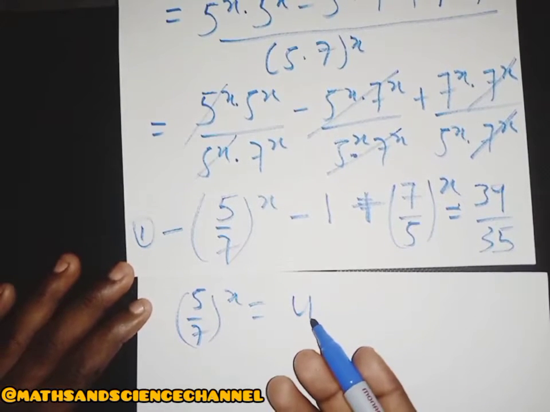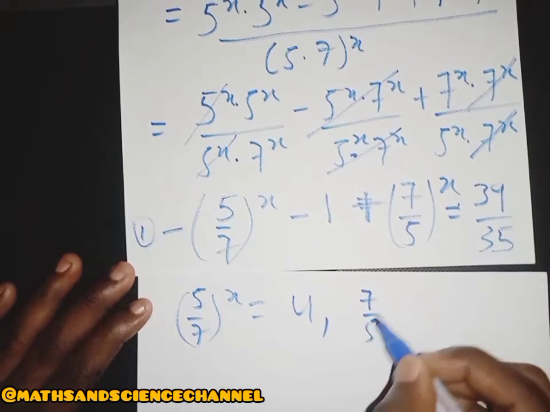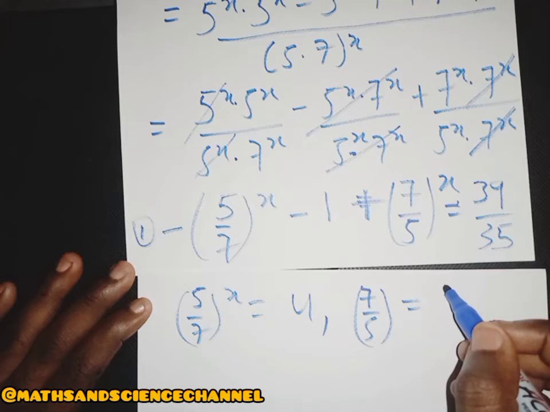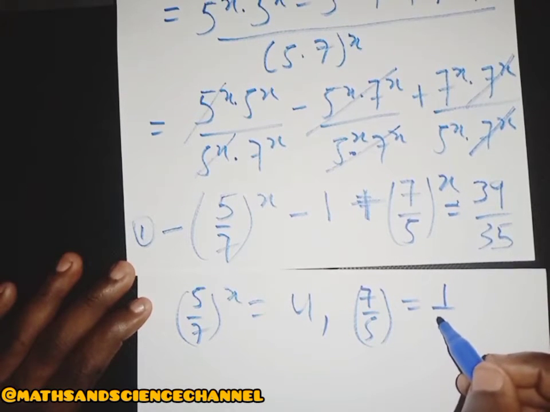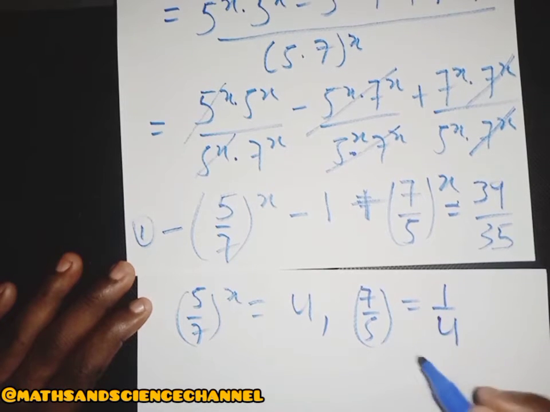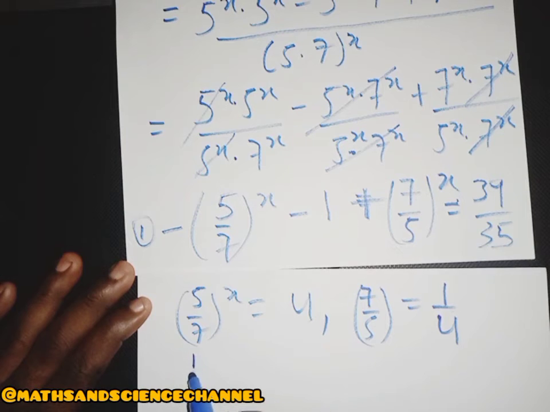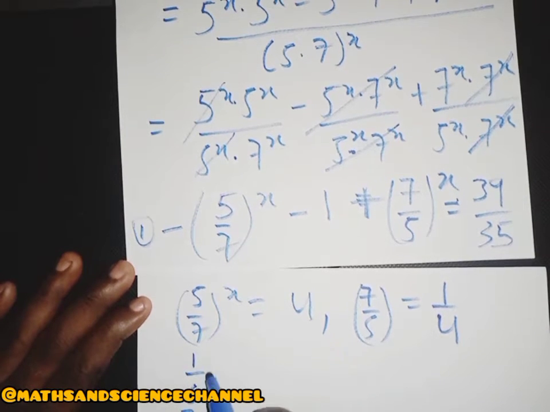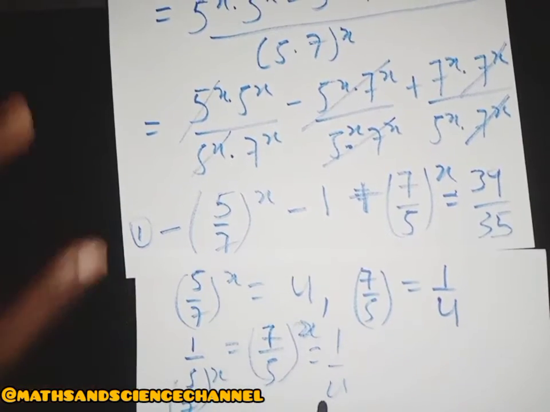If I change the numerator and the denominator, this gives me 1 over u, because 1 over 5 over 7 to the power x is just equal to 7 over 5 to the power x. So it is just 1 over u in this case.